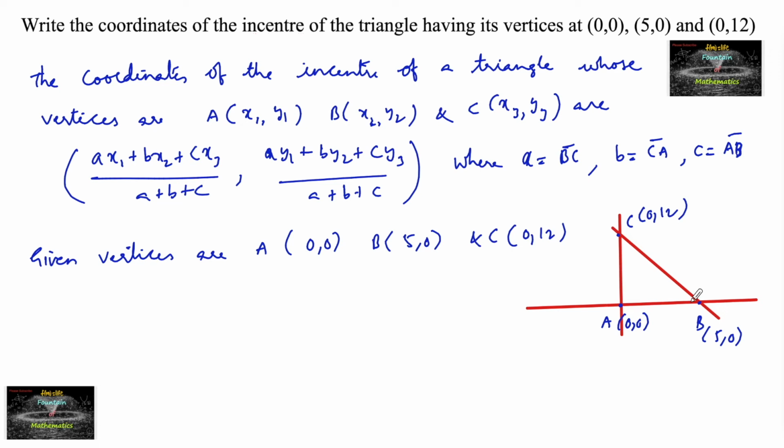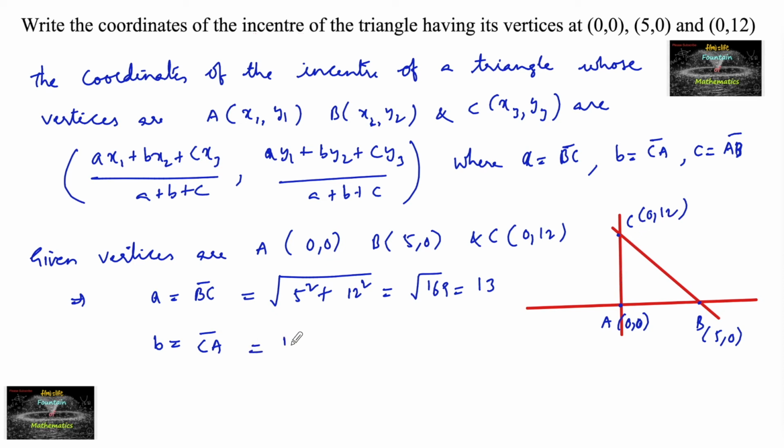So easily we can say that a is the side length BC. BC is equal to the distance between B and C, which is the square root of (5 minus 0) whole square, that is 5 square, plus (0 minus 12) whole square, that is 12 square. 144 plus 25 is 169. Square root of 169 is 13 units. The length of a is 13 units. And then b is equal to the distance CA. CA is on the y-axis, so it's from the origin to 12 units. So we can say directly 12 units. And c is equal to AB.